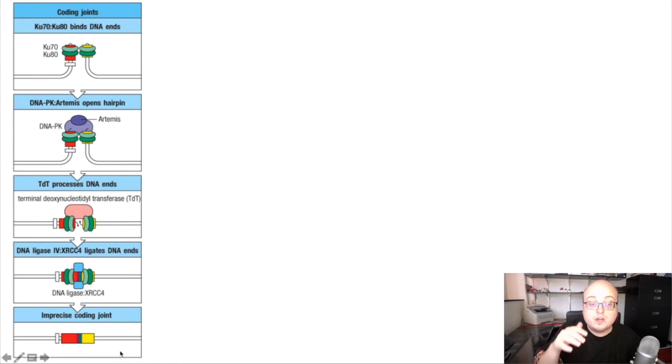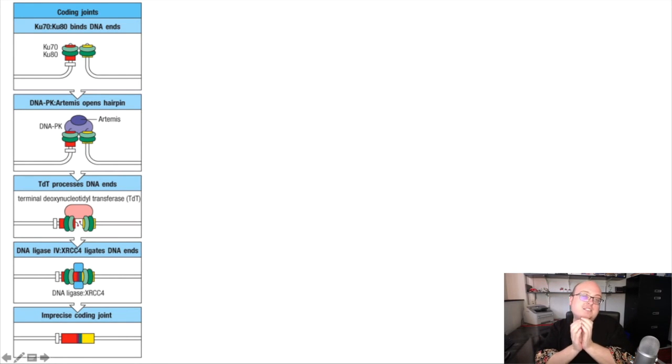But ultimately, what results from these three different enzyme complexes is that we form what's called an imprecise coding joint. We started with our two coding joints, but in the process we've removed some nucleotides and added some nucleotides. What we end up with is not simply what we'd get if we had taken the V segment and the J segment and smashed them together.